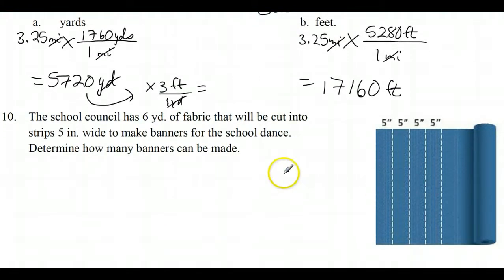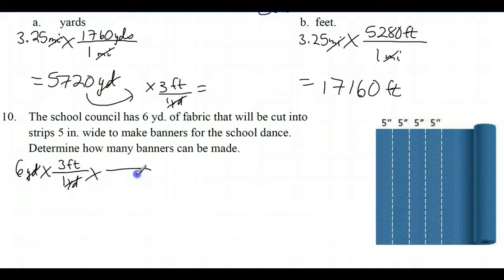School council has 6 yards of fabric that will be cut into strips 5 inches wide. Again, yay, Imperial, because you're always having to change units. So 6 yards, and I want to get that into inches. So we could go 3 feet in 1 yard.